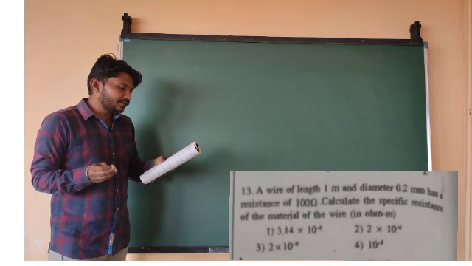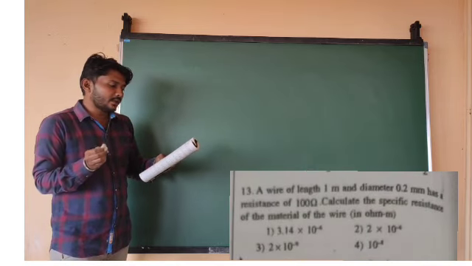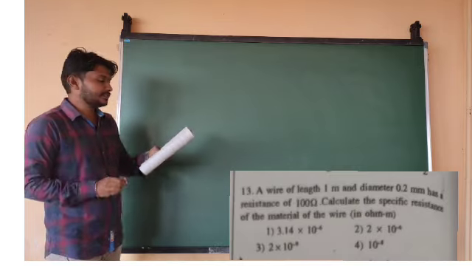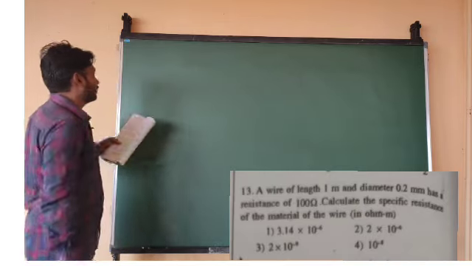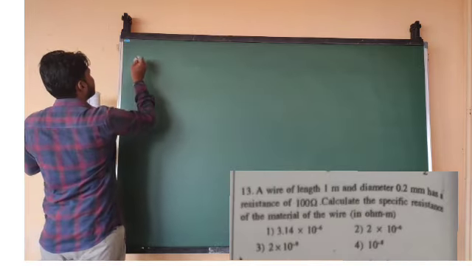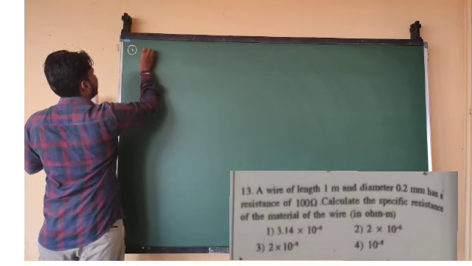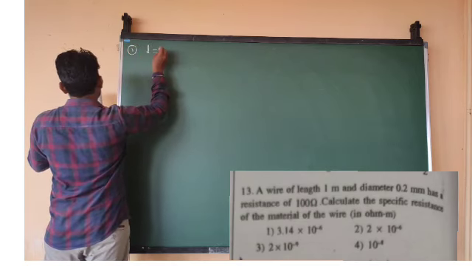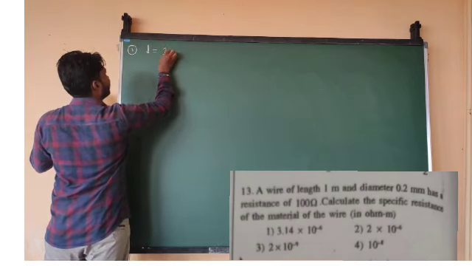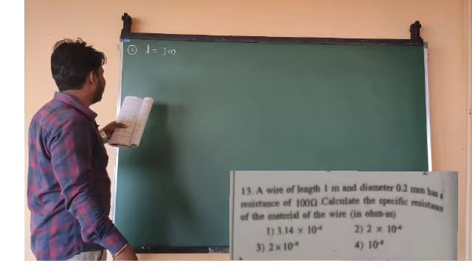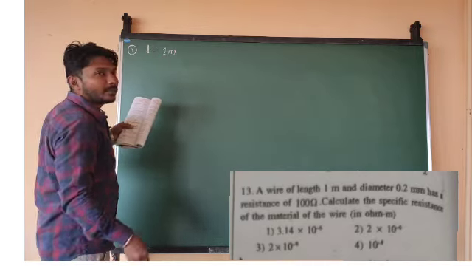A wire of length 1 meter and diameter 0.2 millimeter has a resistance of 100 ohm. So one wire is there, with length 1 meter and diameter 0.2 millimeter.